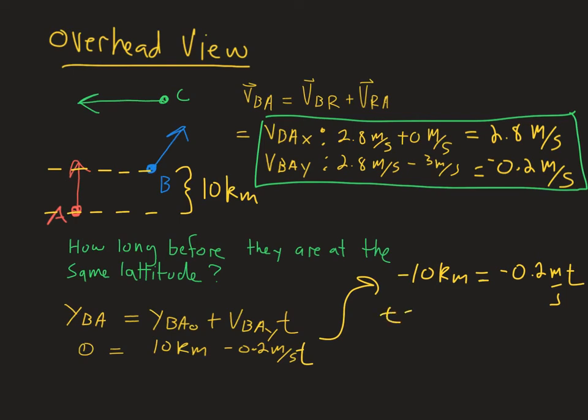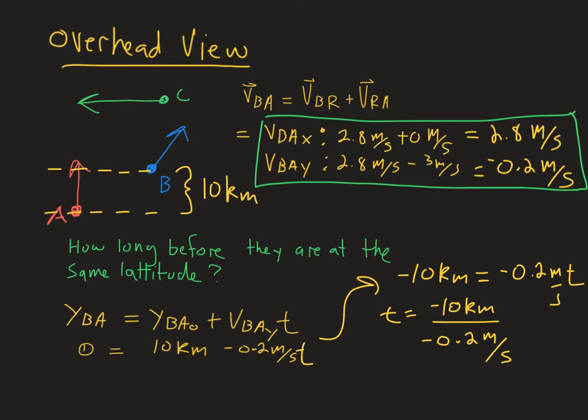So T is going to be equal to minus 10 kilometers divided by minus 0.2 meters per second. Okay, and we're going to have to do a little bit of unit conversion on this one.